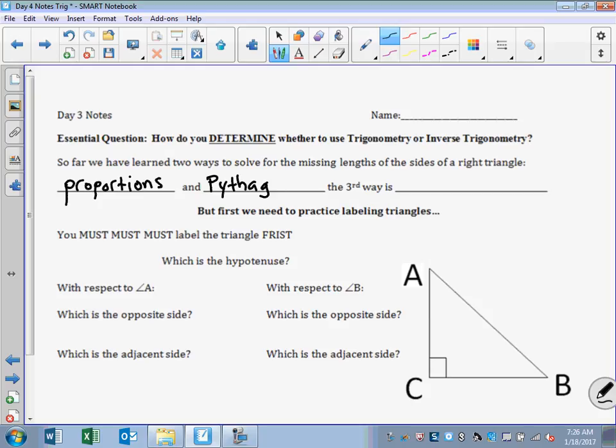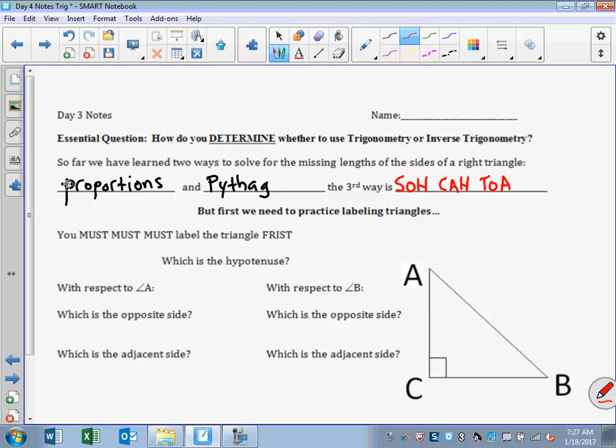Now today, the third way we're going to learn, something you're going to want to commit to memory over this unit, is what's known as SOH, CAH, TOA. This is an abbreviation for what we're going to be using in trigonometry.